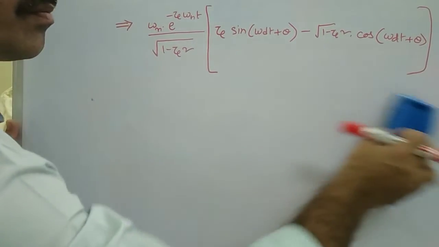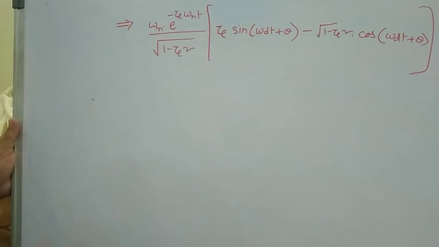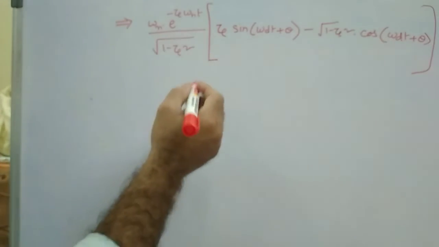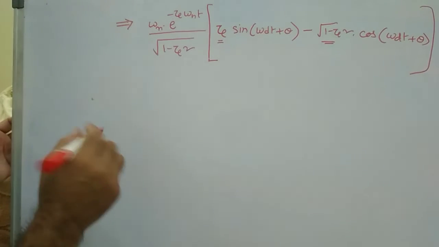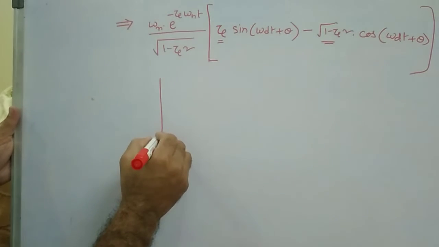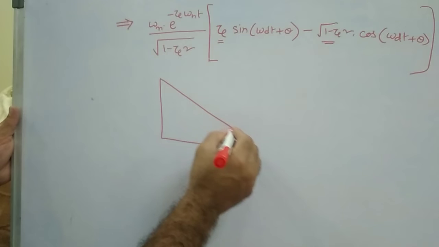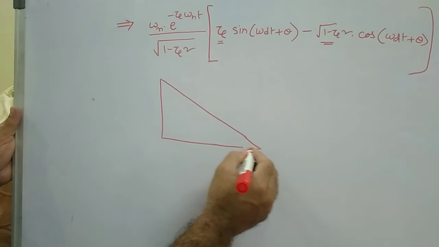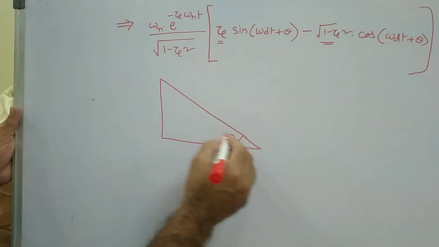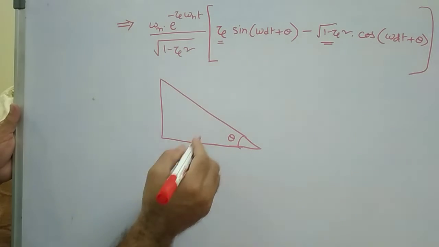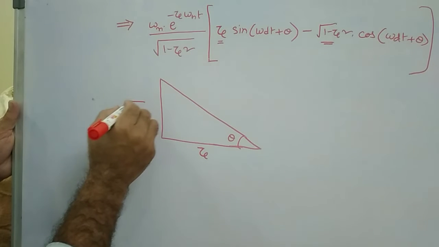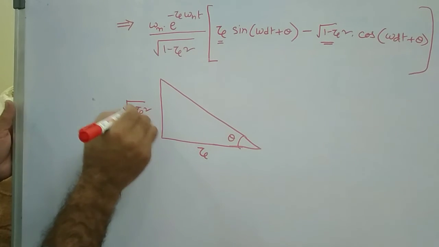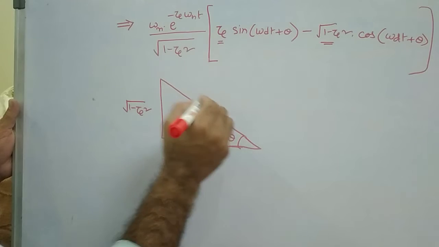Now you need to write the zeta and then 1 minus zeta square values. If you form a relation between zeta and square root of 1 minus zeta square from this right angle triangle, this you can say theta, and if you take this as zeta and this as square root of 1 minus zeta square, then the hypotenuse obviously becomes 1.